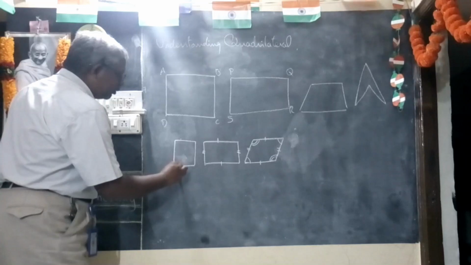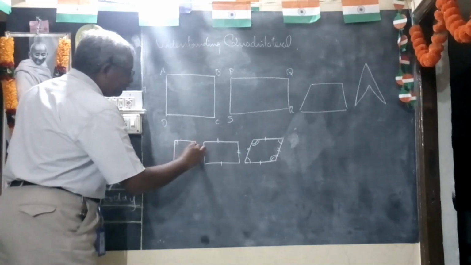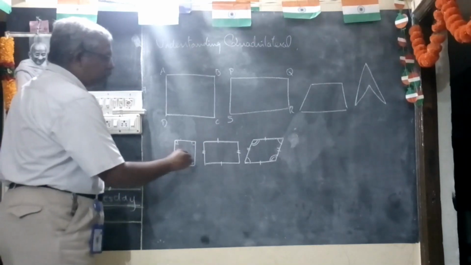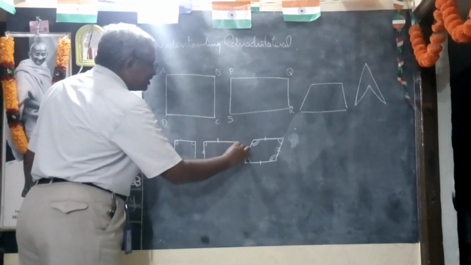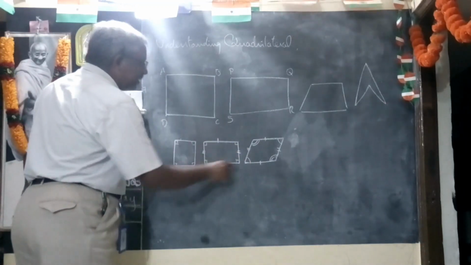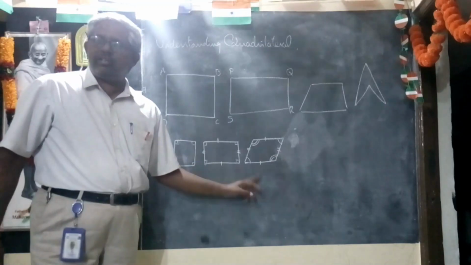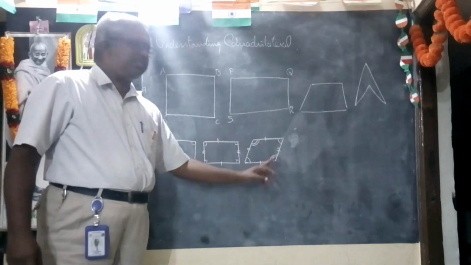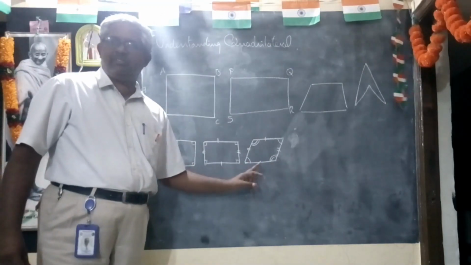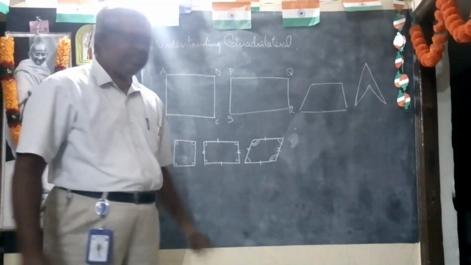But check in this case, 1, 2, 3, 4. All the angles were the same in a square and all the angles were the same even in the rectangle. But in this figure, not all the angles are the same. Only the opposite angles are the same, and henceforth we call this a parallelogram.